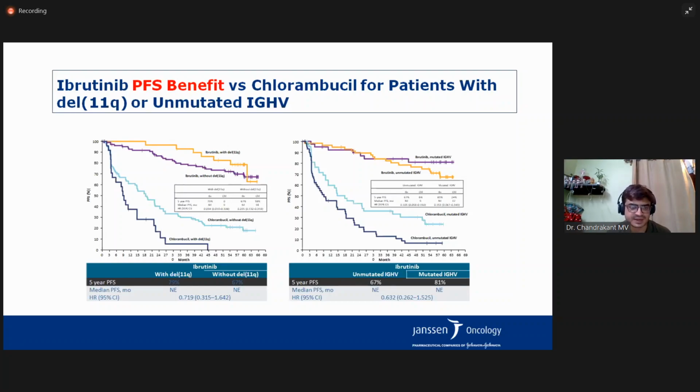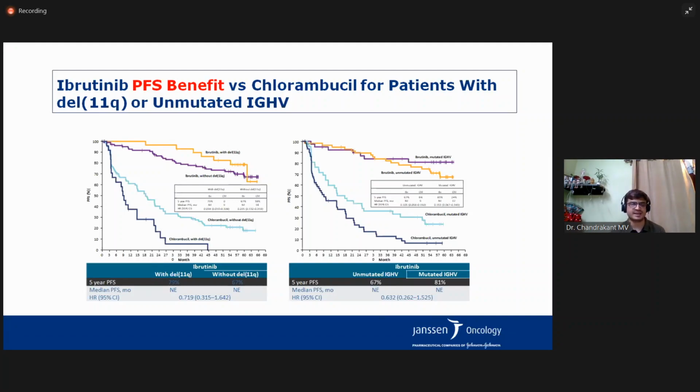This particular graph shows that if you use ibrutinib, whether deletion 11q is there or not, whether IGHV is mutated or not, doesn't matter. Both the subsets equally benefit. Whereas if you look at chlorambucil, the moment deletion 11q is there, it performs poorly, and the IGHV unmutated subset performs poorly.